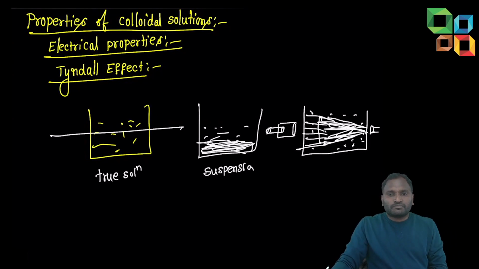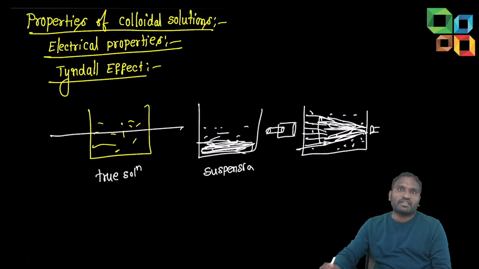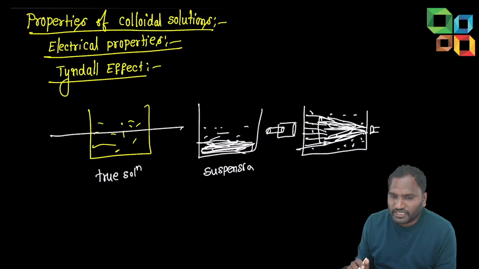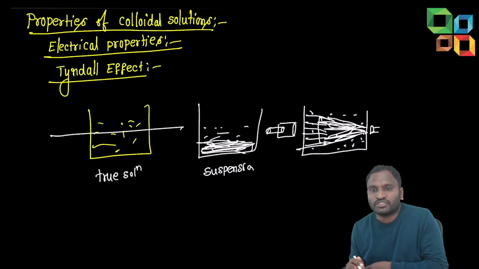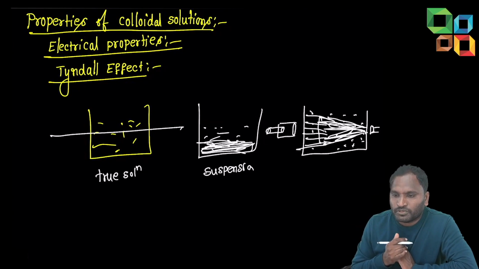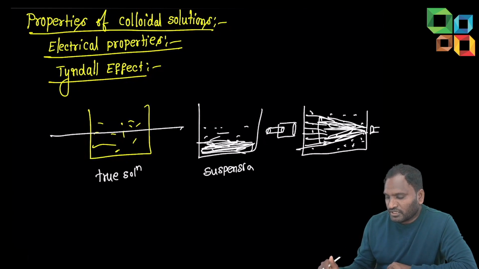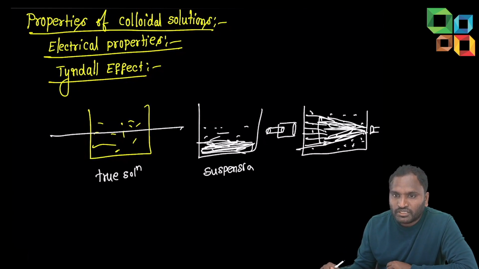When light passes through a colloidal solution, the colloidal particle size is big enough to scatter the light, and light illuminates in all directions.